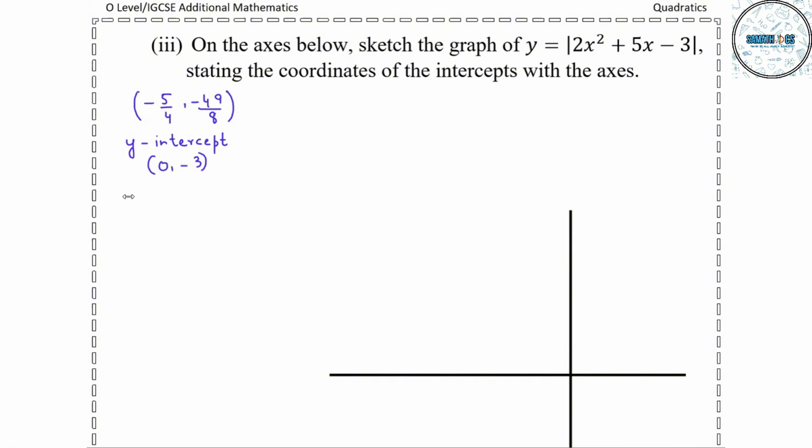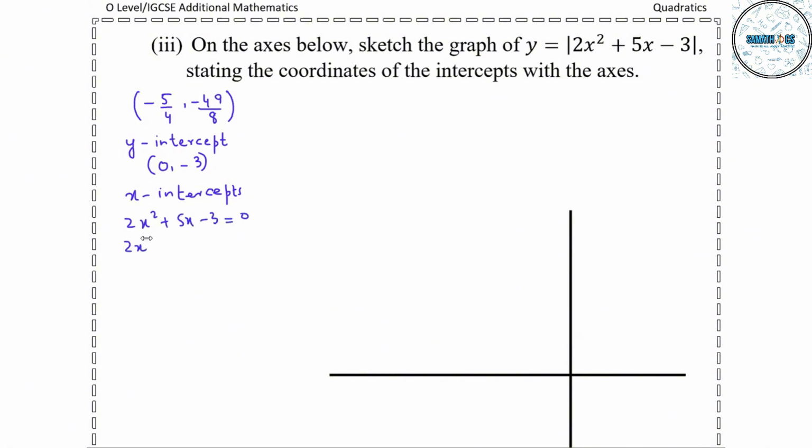Then we can take out x-intercepts, for which we will equate 2x squared plus 5x minus 3 to 0.